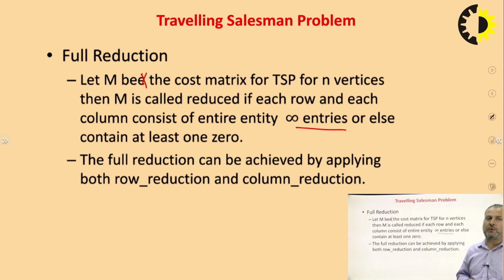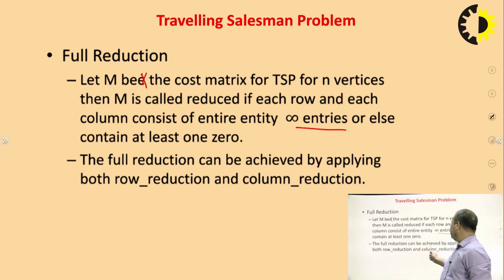If it is not so, then we find the minimum element out of the row or even out of the column, and this minimum element is subtracted from every element of the row and column. After that, the matrix which we get will be the reduced matrix.